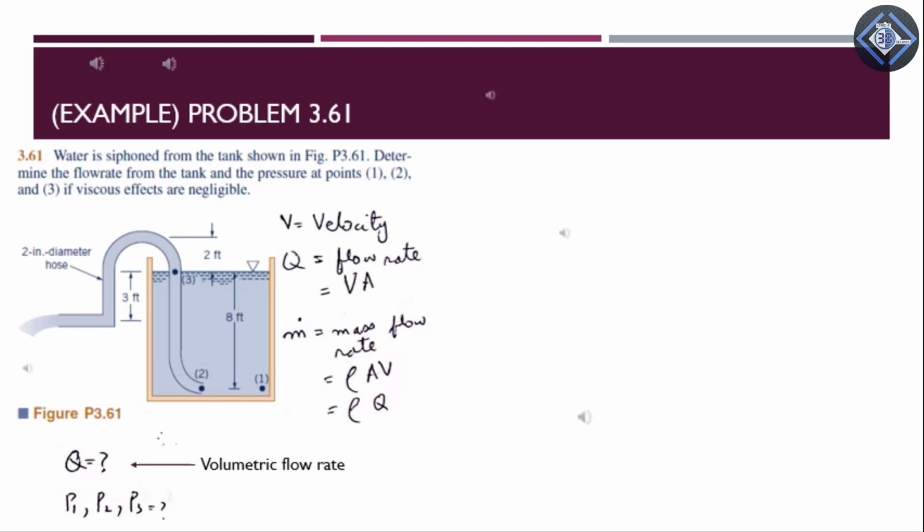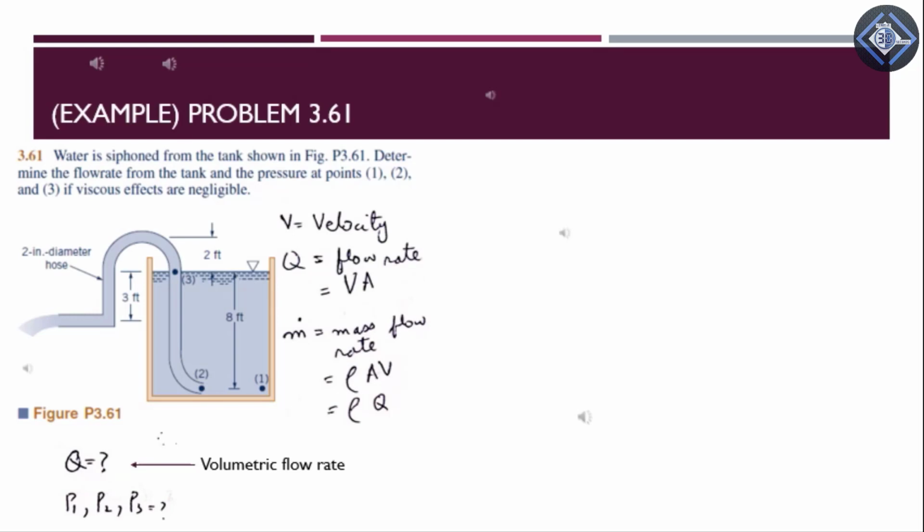If we try to apply Bernoulli equation between points 1, 2, and 3, we'll have more unknowns and just one equation, because at 1, 2, and 3, at this moment, pressure and velocity are both unknown.